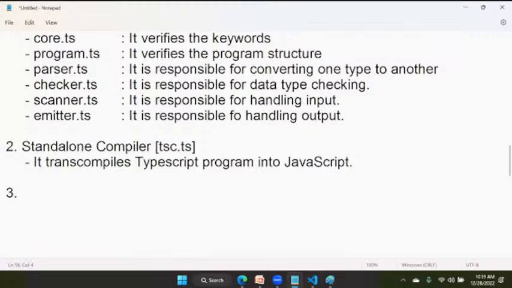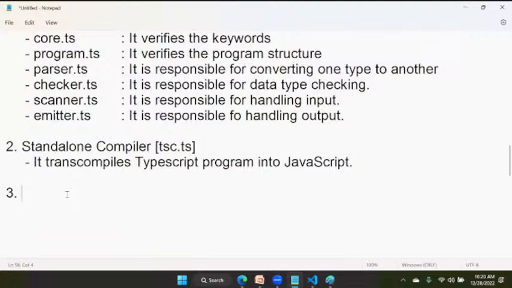That means first we have to verify the problems, then translate into their native language. That is what we actually need. We need two compilers: one is the standalone compiler, another is the core compiler.